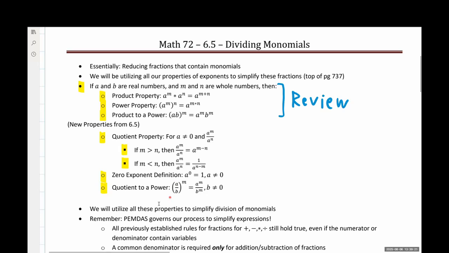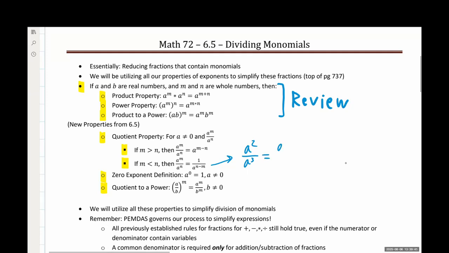The visual representation that I'll give for this is the following. I'm just going to do a hopefully pretty straightforward one here. If I have a to the second power over a to the third power, I have more a's in the denominator spot.